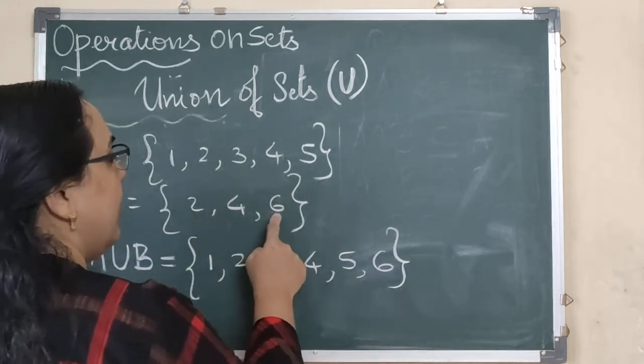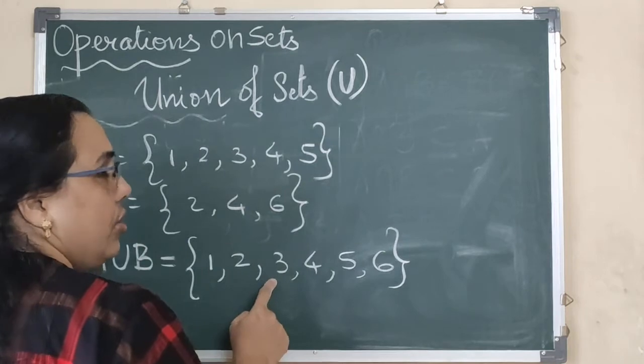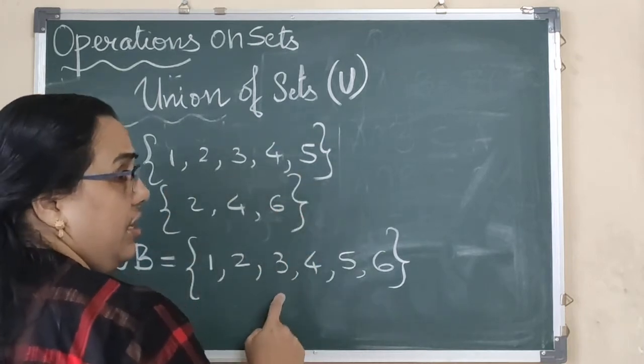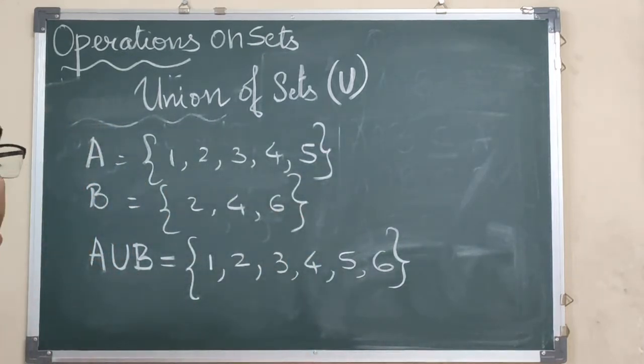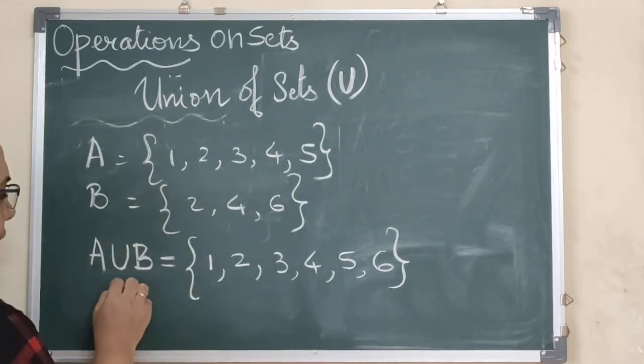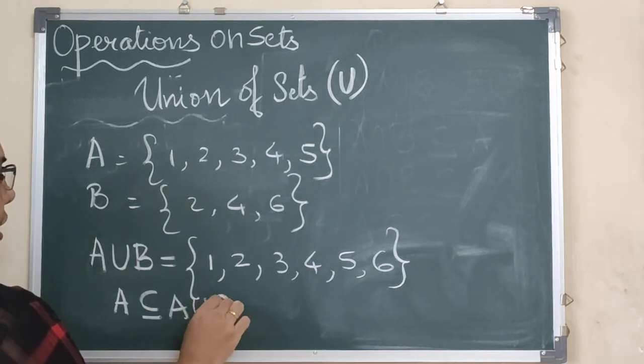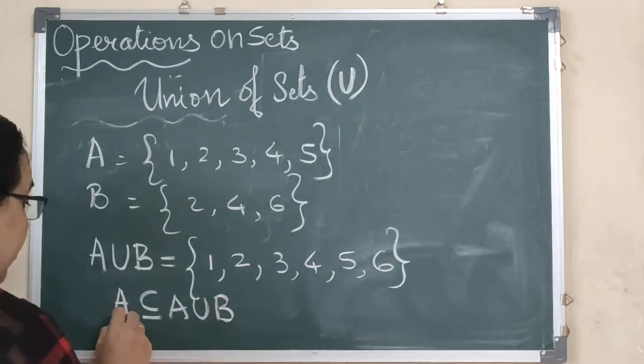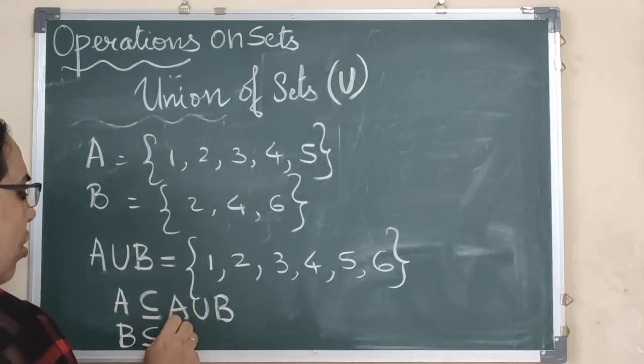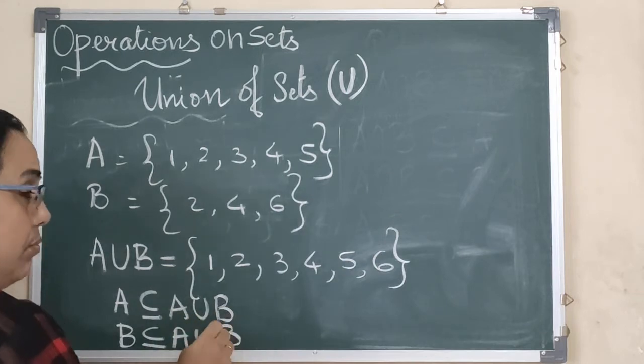So do you find these elements are there in union? So from this, what do we conclude? We can say A is a subset of A union B. Agreed? Same way, B is a subset of A union B.